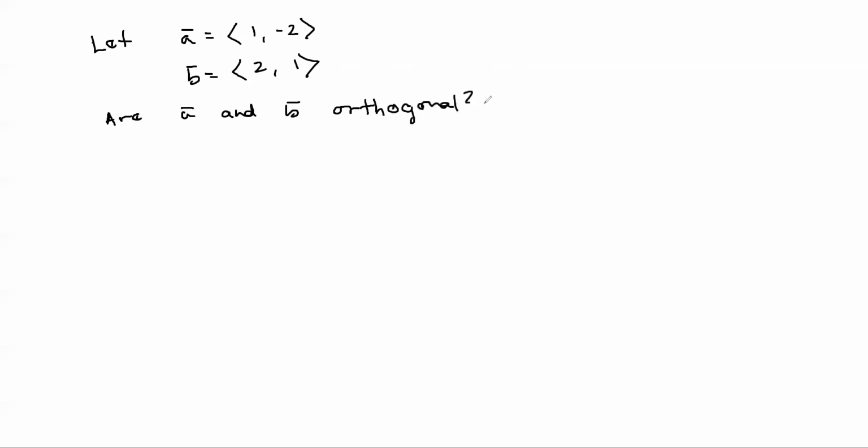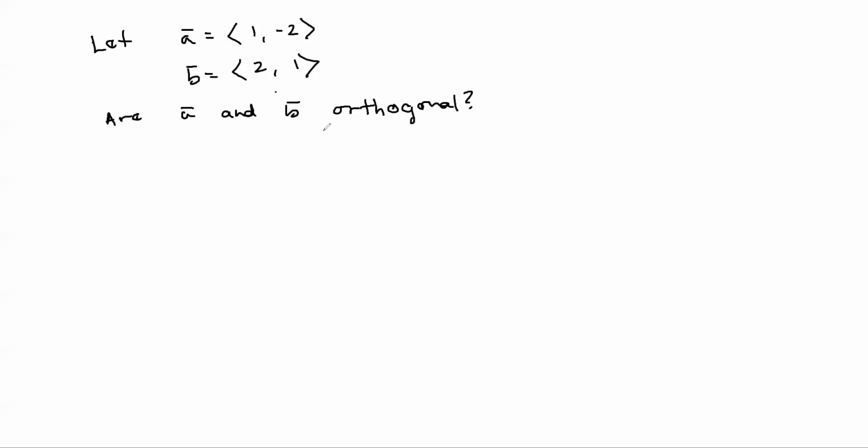Generally, you can't tell that just by looking at the vectors. It's not going to be apparent, if you were to graph these, that the angle between them is 90 degrees. So we want a quick and easy test, and that's what we just defined.